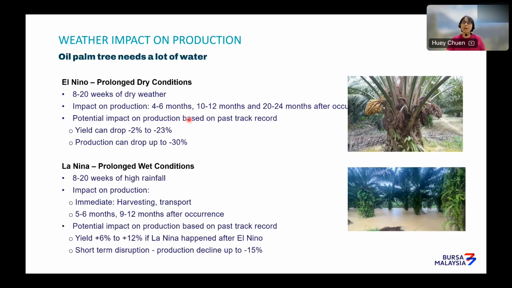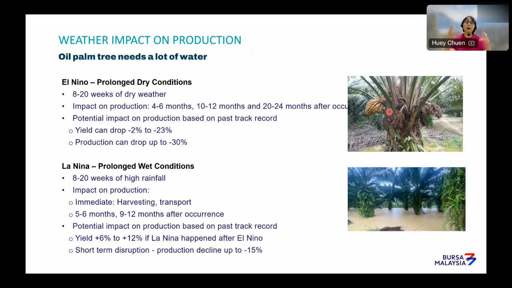When you're driving along the PLUS highway or other highways, you can see the trees, and sometimes when we drive, we know whether the tree is under stress. In this case, you can see the whole tree has no fruits on it. These are all male flowers, because one oil palm tree comes up with male and female flowers. They produce both. Every 2 weeks, they have one frond, and each frond has one flower.